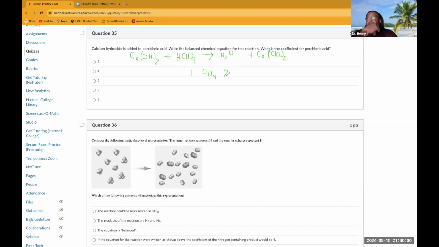So if I wanted to balance those, I need to make the coefficient 2. Okay, so then that gives me 2 hydrogens over here. And if we look at this, it's the same thing as saying HOH.